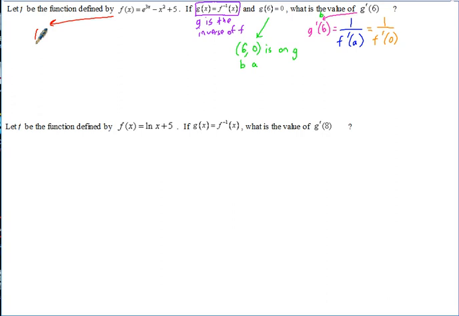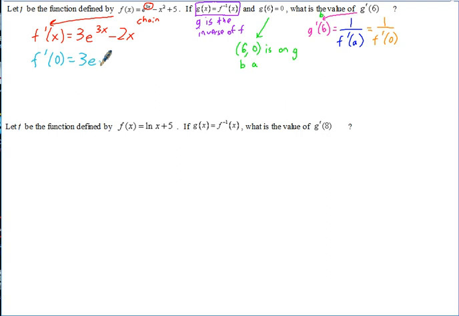So we can say, okay, well, f prime of x would equal e to the 3x, the derivative here, using the chain rule. The e part stays the same, e to the 3x, times the derivative of the function inside, the derivative of 3x, which is 3. So that'd be 3e to the 3x. And the derivative of negative x squared is negative 2x, using the power rule, and then the derivative of 5 is 0. And then we want f prime of 0, so you would just substitute in 0 for x.